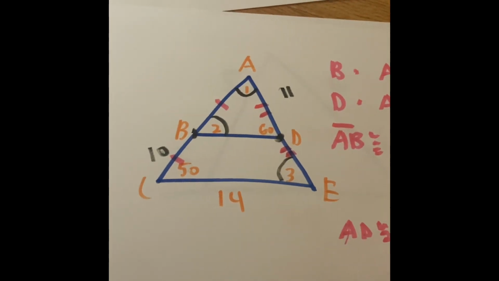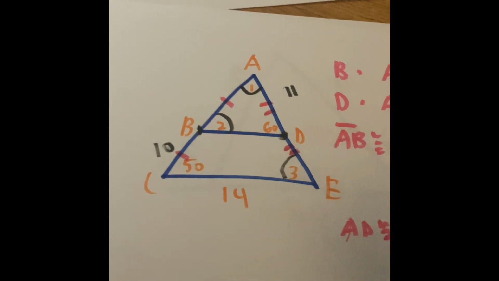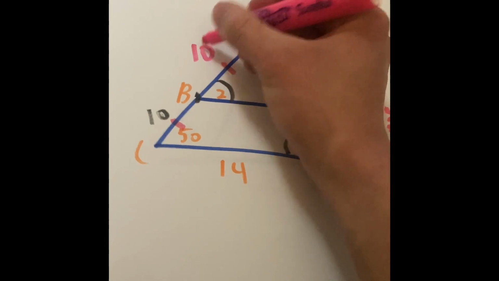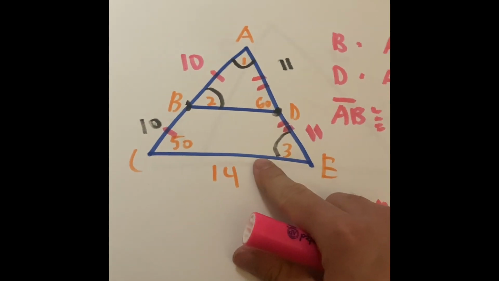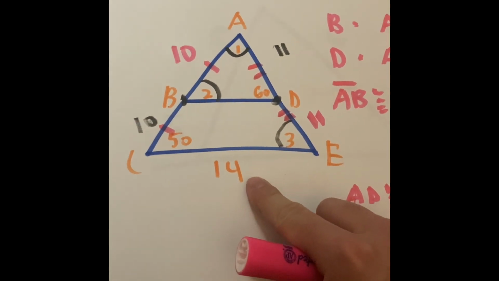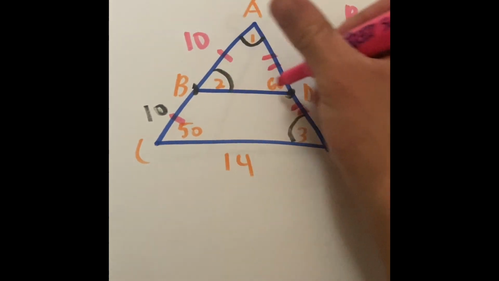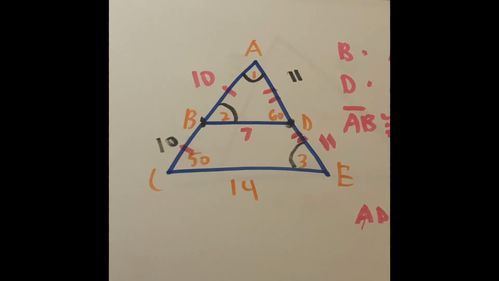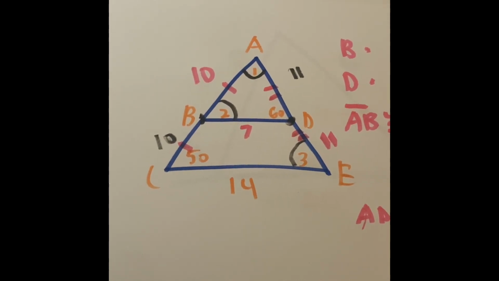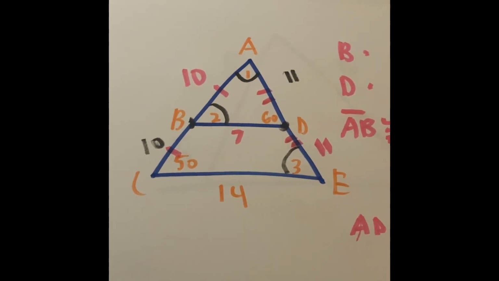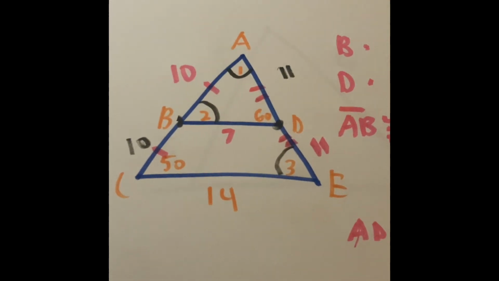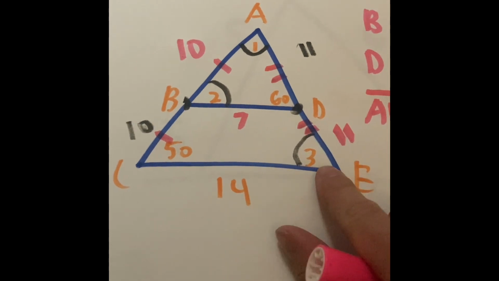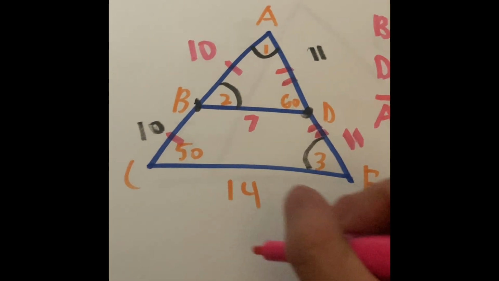So now we understood that, and we can say that if this is 11, then this has to be 11. This is 10, this has to be 10. And 1/2 of the third length, 14, this line right here is going to be 7. The last thing we gotta do is find all of the angles. So, using corresponding angles, if this is 60 degrees, then angle 3 has to be 60 degrees.